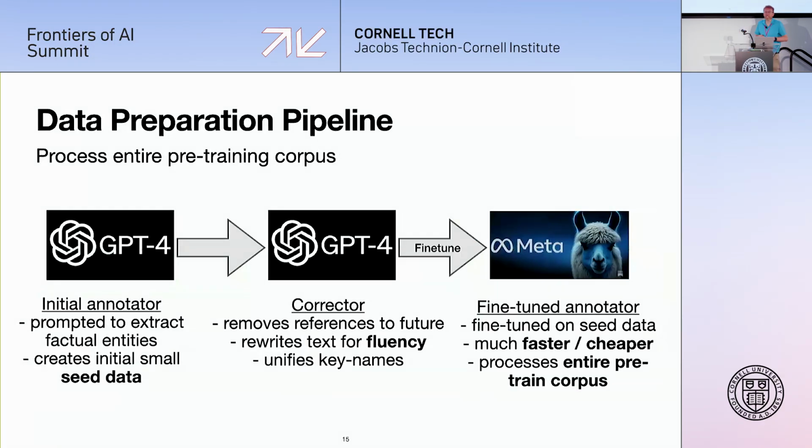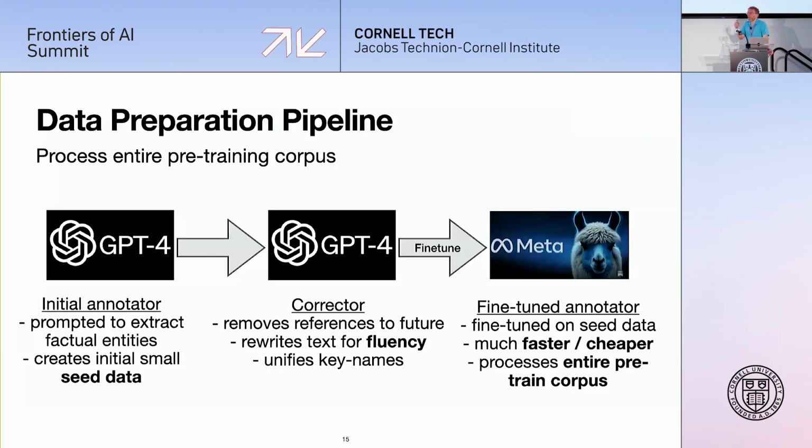Okay, so how do we do all this transformation of the data? Well, the answer usually, when you work with AI and you have a problem that you don't know how to do, is more AI, right? So here's what we do. We take a GPT model, and we ask it, like, what is the common knowledge? What is the specific knowledge? And you just ask it to make these modifications. That's very expensive, and you want to do this on the whole training corpus.